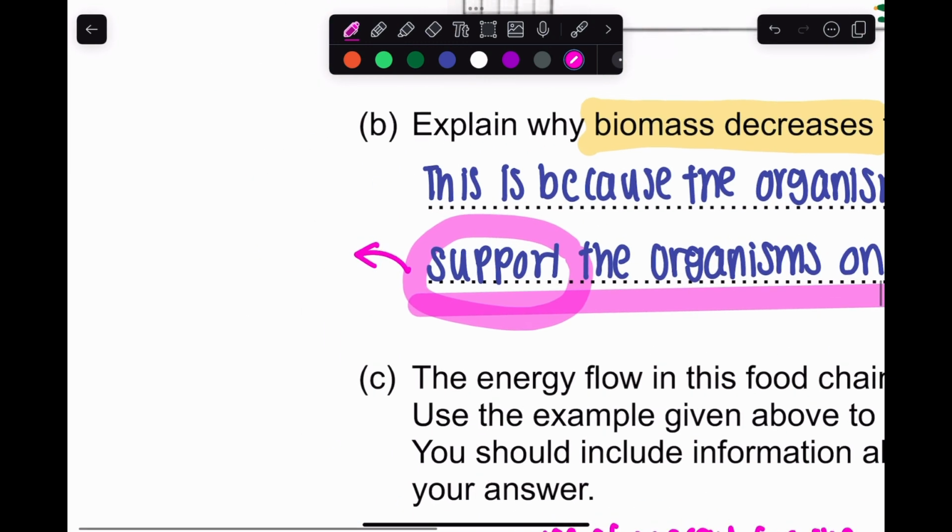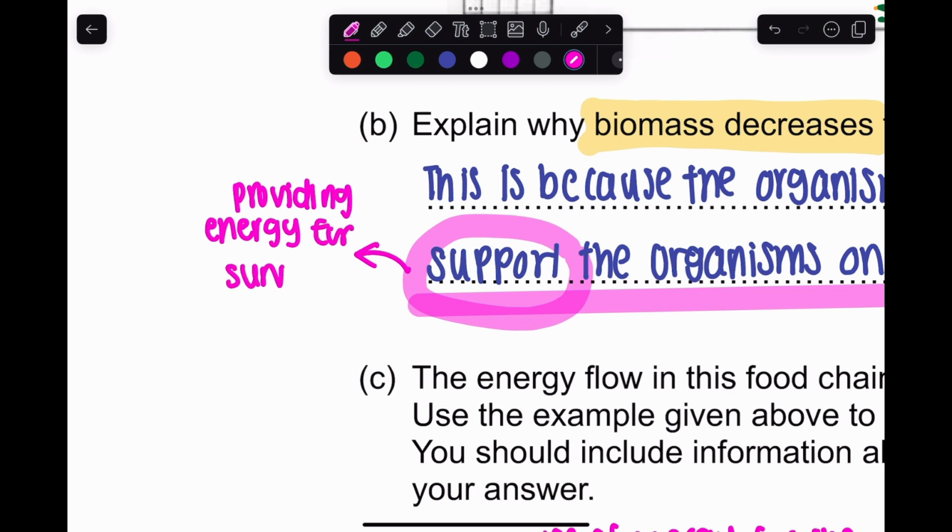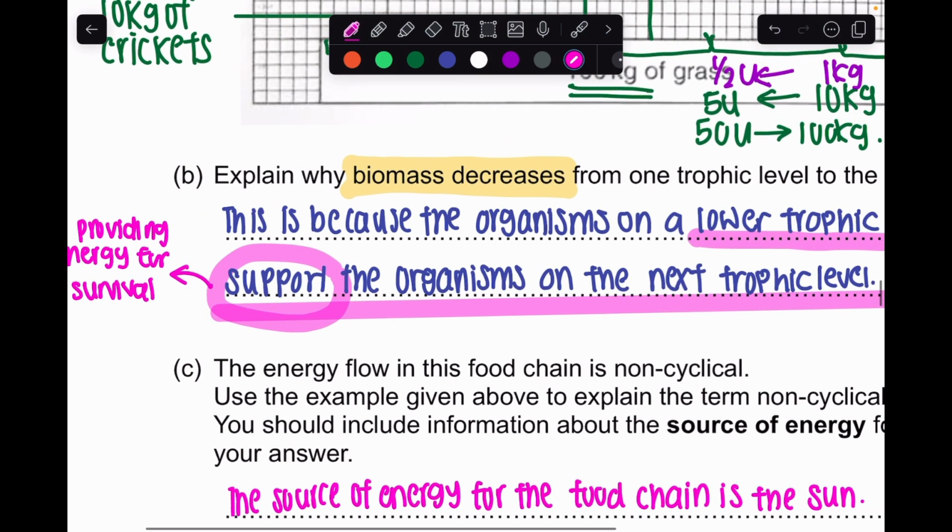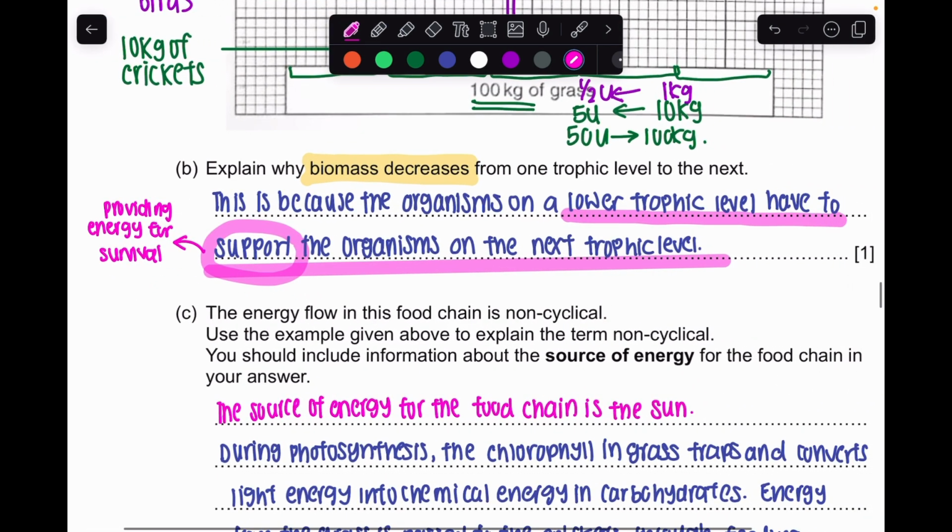We mean supporting the organisms in terms of providing enough energy for survival. So as we go from one trophic level to another, a lot of energy is lost, right? So by the time you reach the higher trophic levels, there's not enough energy to support the organisms.